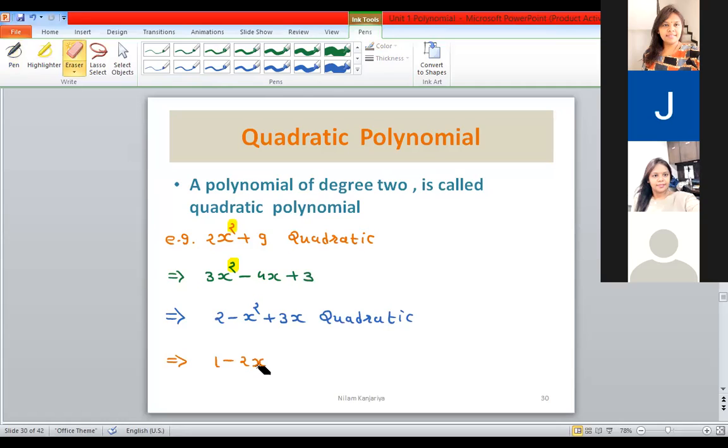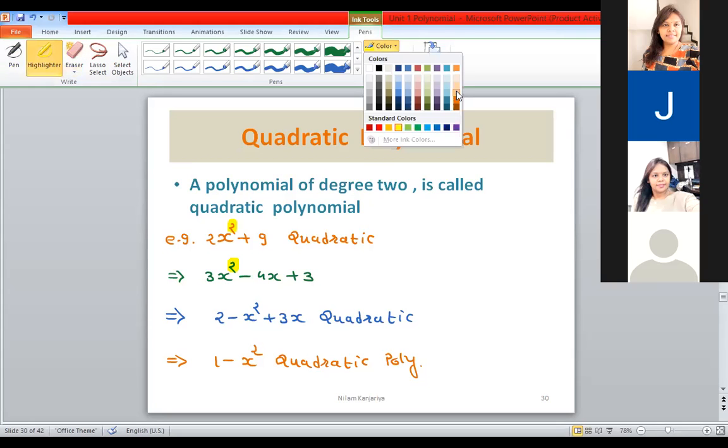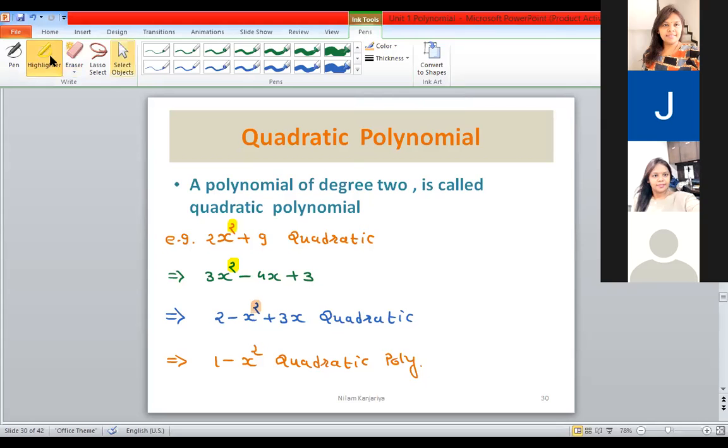Don't write 2 every time. 1 minus x square is also a quadratic polynomial. Clear the definition? A polynomial whose highest degree is 2, whose degree is 2, is known as a quadratic polynomial.